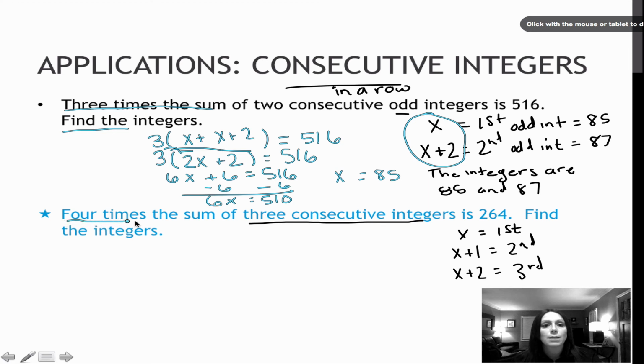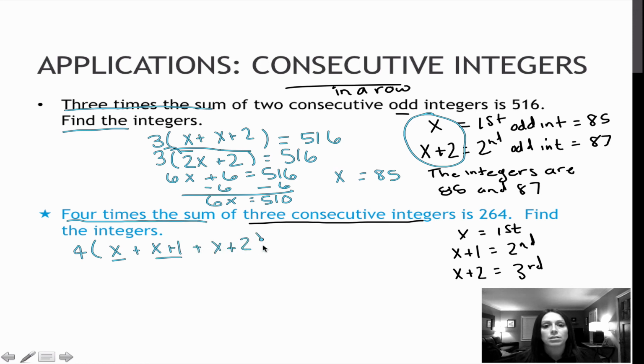I'm going to go ahead and write the function now. So 4 times the sum. So again, it's 4 and then parentheses. The sum of the first number plus the second number plus the third number equals 264. So that's my new equation. And now I'm going to combine like terms within the parentheses. So I have three x's, 1, 2, 3, and then I have plus 1 and plus 2, which is plus 3. Now I'm going to distribute.